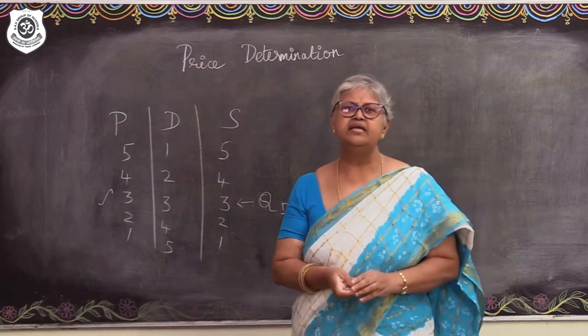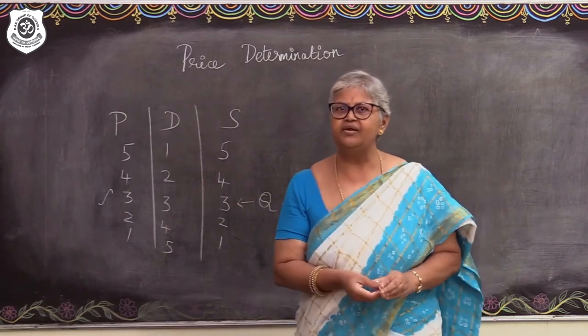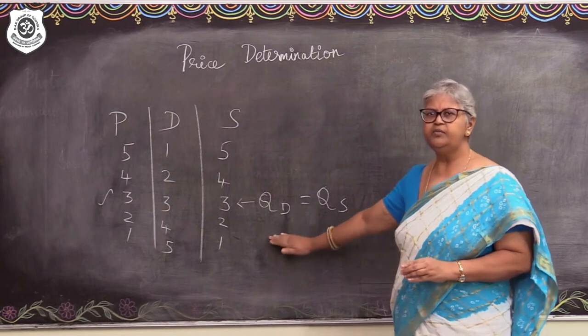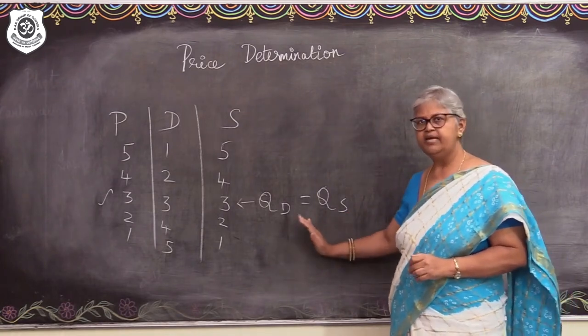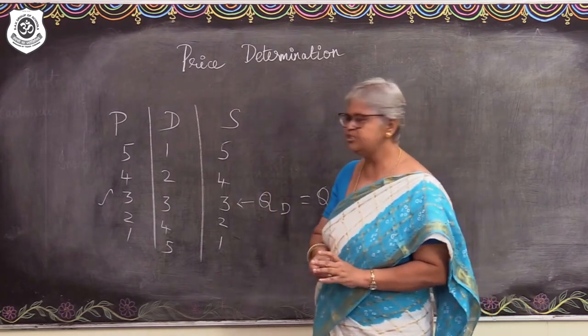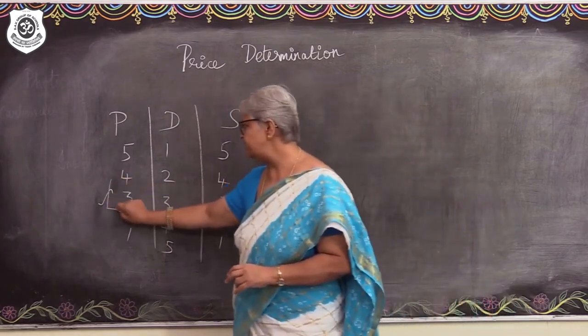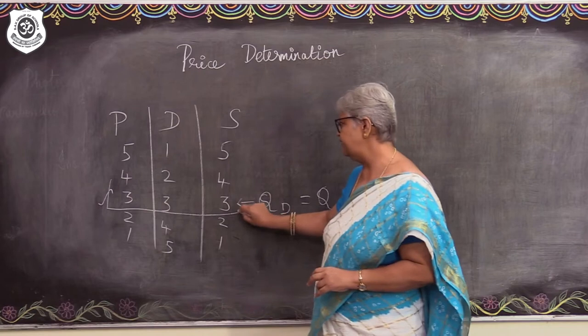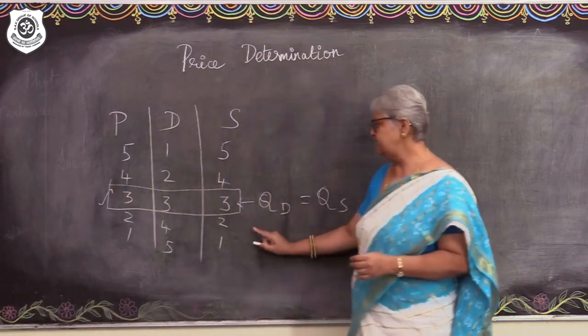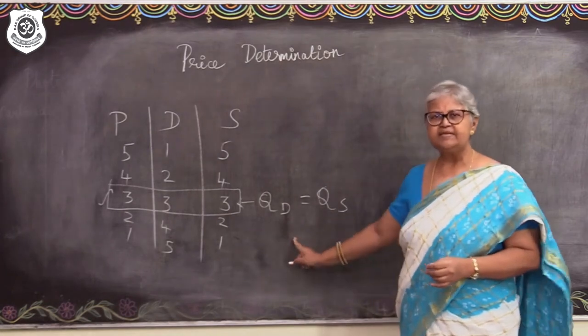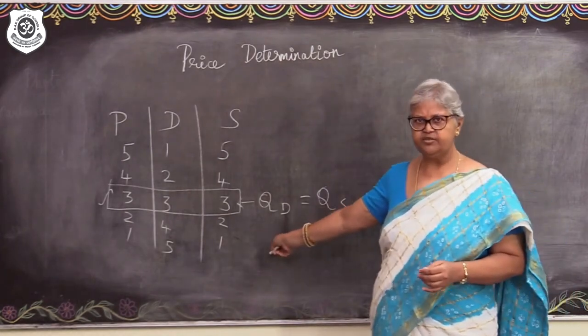Equilibrium price in the market is the price wherein the quantity demanded will be equal to the quantity supplied, right? And as per this particular schedule, when the price level is at 3, then the quantity demanded is equal to the quantity supplied in the market, fine?